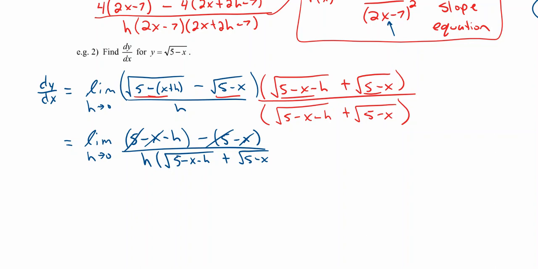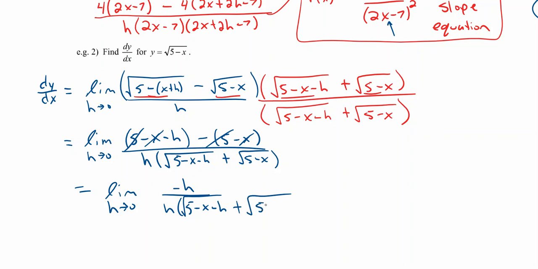So then we have, all right, one more time, the limit as h approaches 0 of negative h over h times the square root of 5 minus x minus h plus the square root of 5 minus x. Okay, and you can probably see here now with the h's that they would cancel, right?